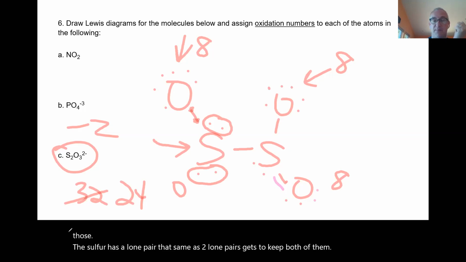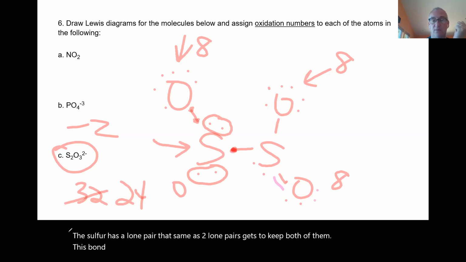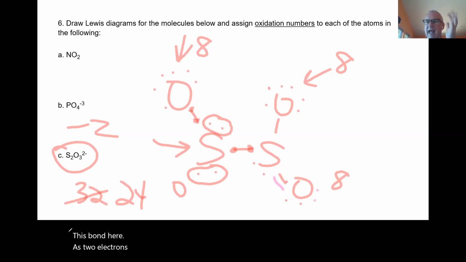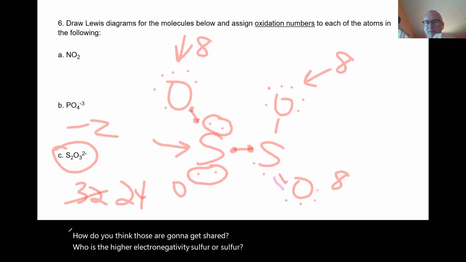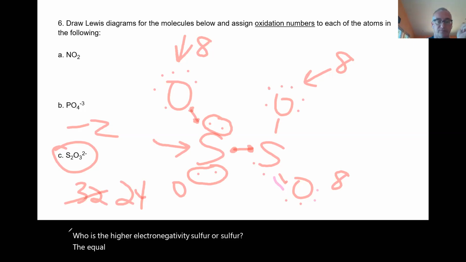And this bond here has 2 electrons in it. How do you think those are going to get shared? Who has the higher electronegativity, sulfur or sulfur? Equal. They're equal, right? So they get to share that one.